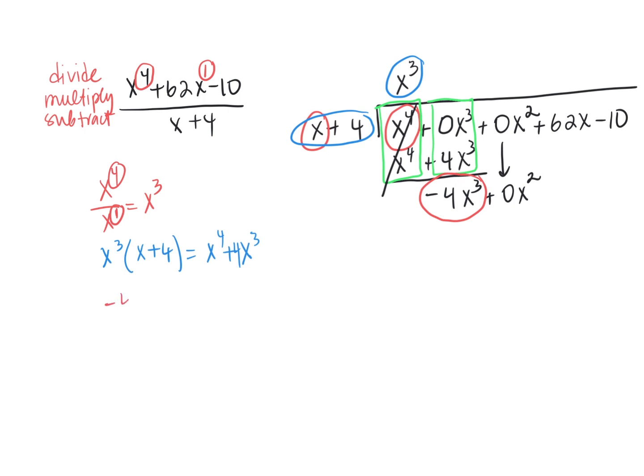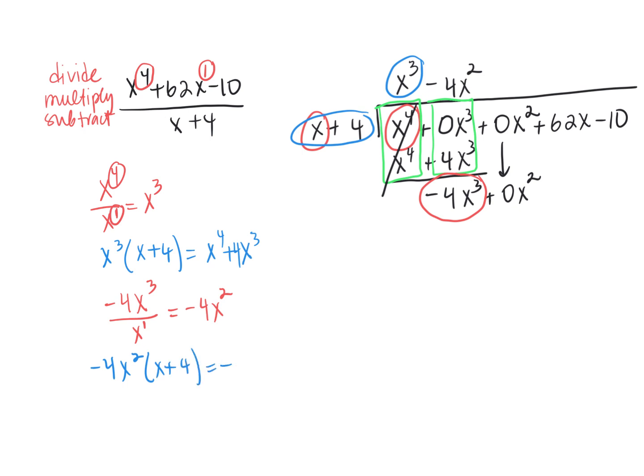So negative 4x to the 3rd divided by x, and that gives us, because this x has a power of 1, negative 4x to the power of 2. This result again goes on top, negative 4x to the power of 2. And now we multiply, so we multiply our negative 4x to the power of 2 by the same circled x plus 4.